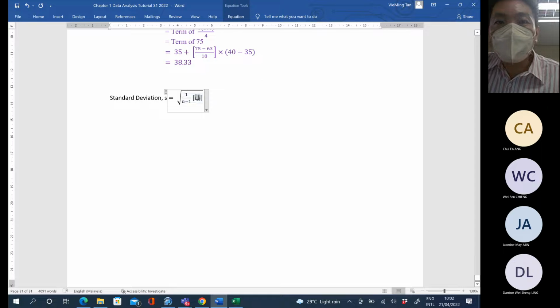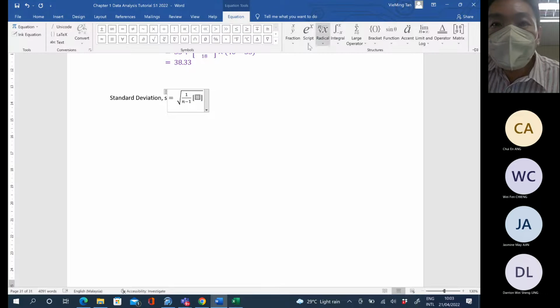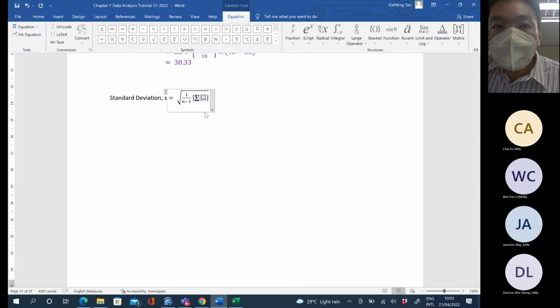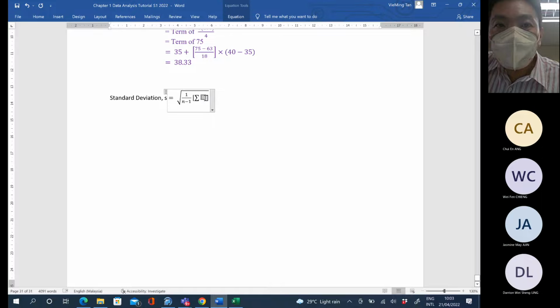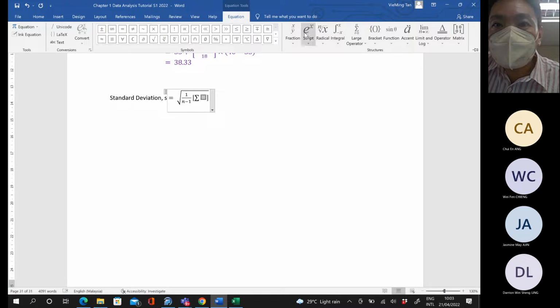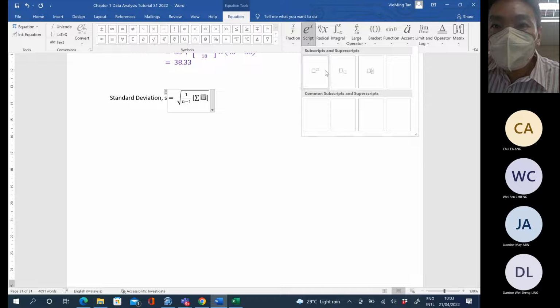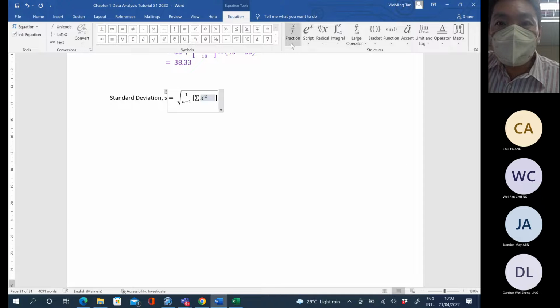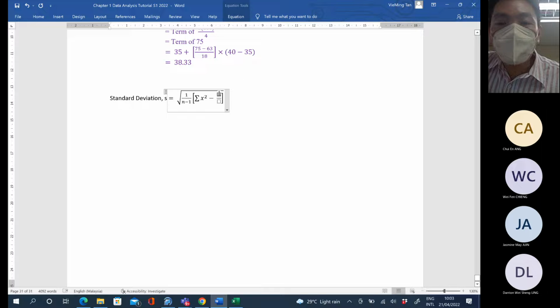The first variable is total x squared. I choose this one. And for this, I'll put power 2, so I need this. The next variable is minus. Got two layers, so I have to use fraction. For this numerator, we have to put bracket and also power 2.